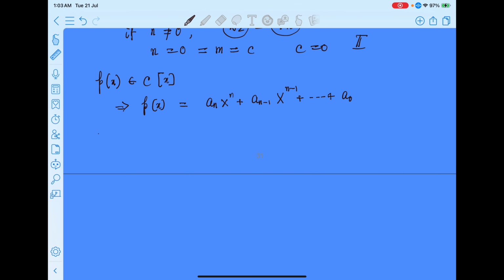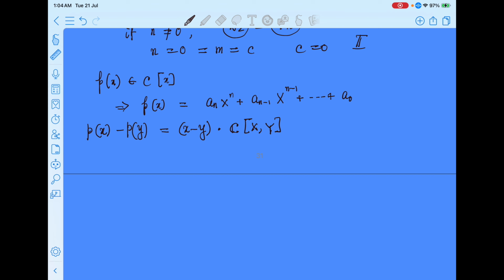Now, so we know that p(x) minus p(y), we can write it as x minus y times some polynomial in x, y, right?